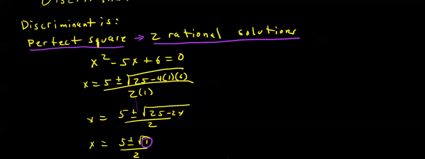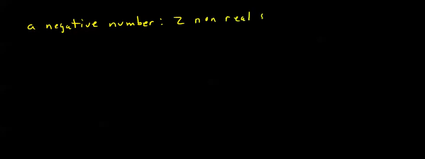If the discriminant is a negative number, we have two non-real solutions.